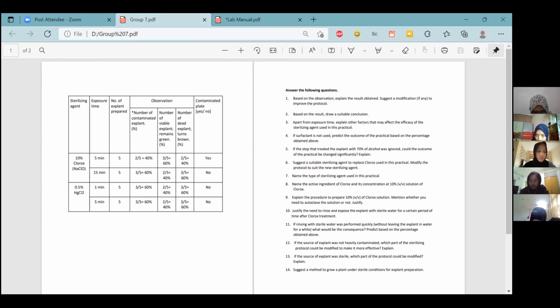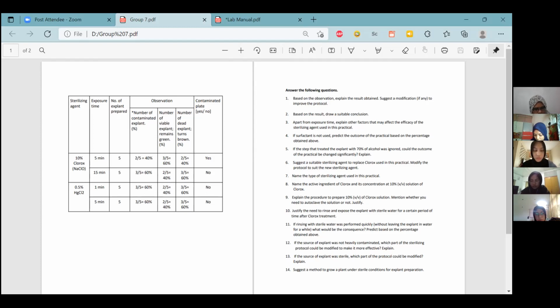Then after we dip the leaf in 70% ethanol, we will immerse one leaf in 9 to 10% calcium hypochlorite for 5 minutes, and the other leaf in calcium hypochlorite with an exposure time of 50 minutes.